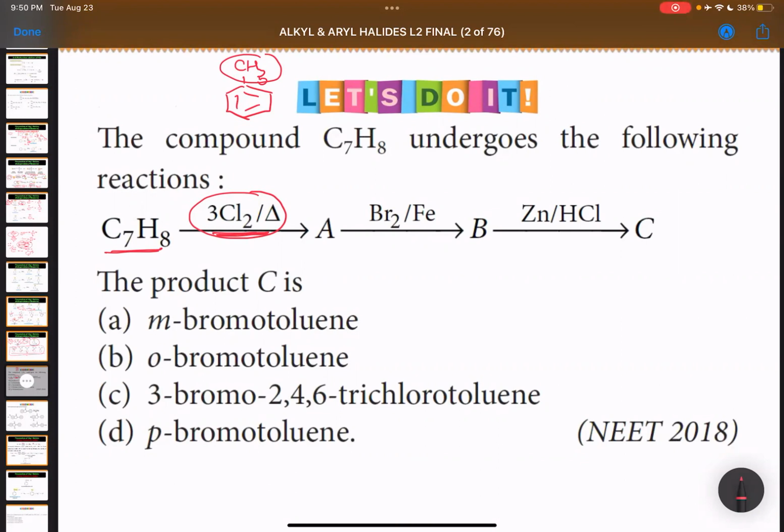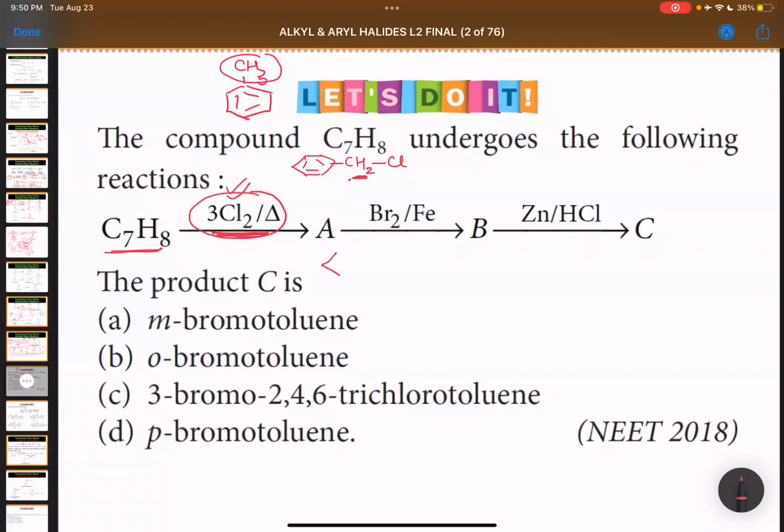This is the halogenation of the sp3 carbon. Suppose you take Cl2 and sunlight, you have the reaction one time: you remove HCl and you put Cl. But in this case, you have taken 3 Cl2. So it will happen 3 times and all the hydrogens will be replaced by Cl.